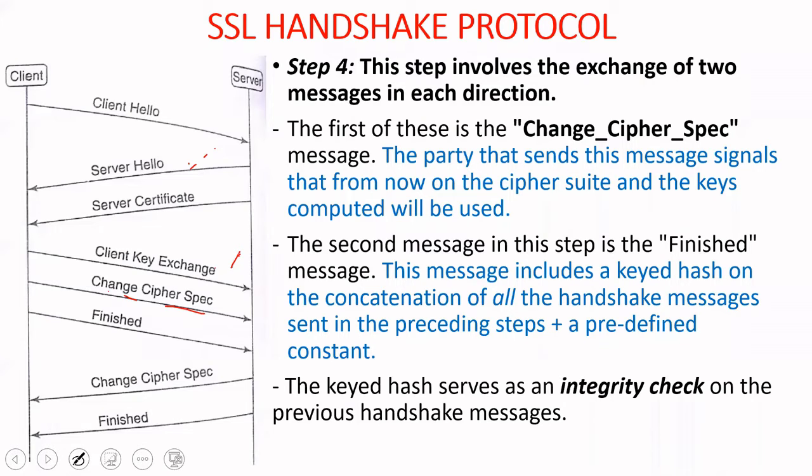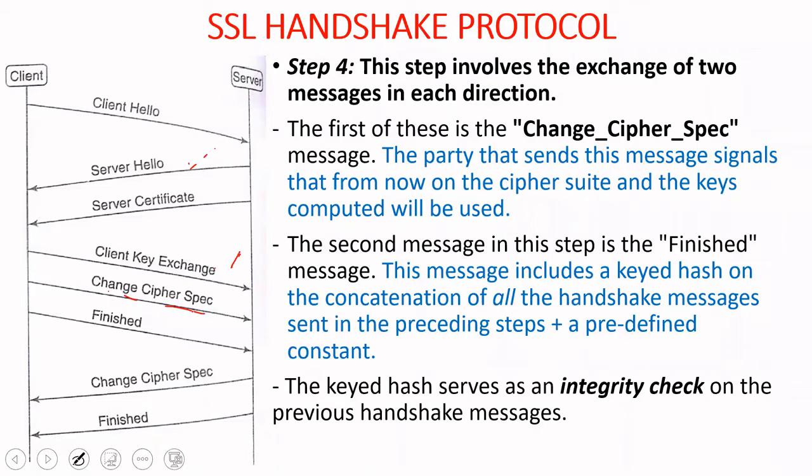So whatever the client and the server have decided on, the algorithms for MAC, that is message integrity, and for encryption, those are what will be used in the following messages. So this is what is meant by this change cipher spec message.